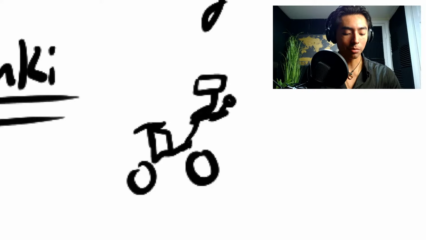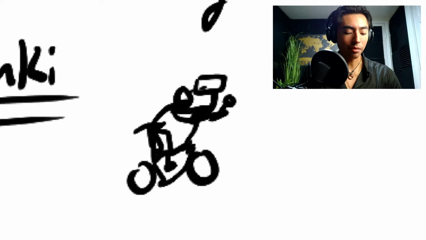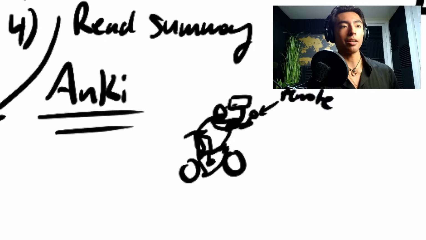So I'm over here pedaling. This is super hard to draw, but this would be me. I'm looking at the screen, and I'm clicking this remote so that I can do flashcards and study at the same time. It just makes it super easy.